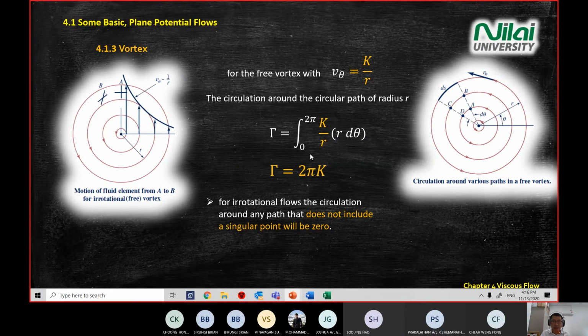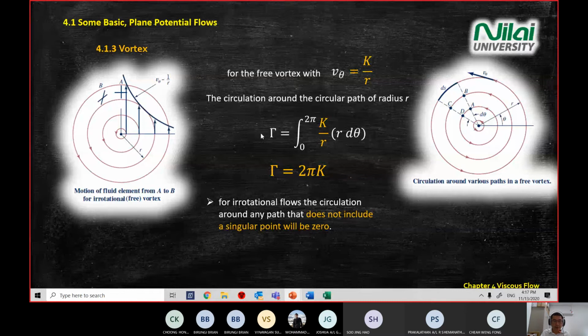You simplify this equation, R cancels, you integrate only d theta, so you have 2 pi K. Just note that for irrotational circulation, it does not include the singular point, which will be 0.